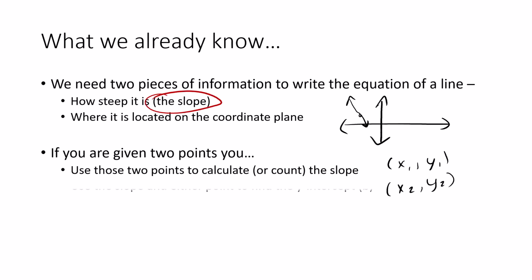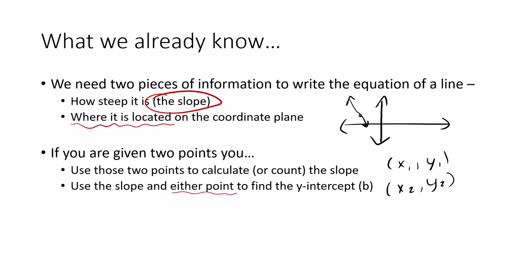And then you would use the slope and either point to find the y-intercept. So you find the slope, and then you actually have 2 points that tell you where it is located on the coordinate plane, and you can use either of those points to find the b value, and then substitute m and b into y equals mx plus b to write the equation. Okay, now that is your basic strategy. That is how me or any of your math teachers would find the equation of a line.